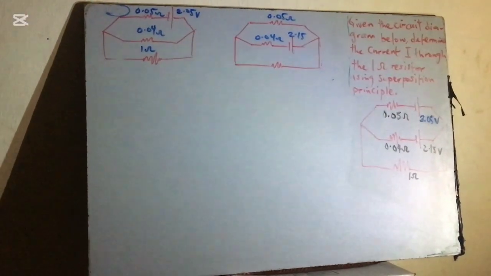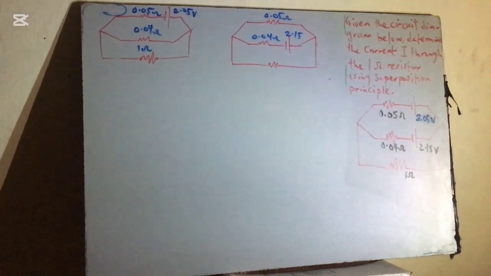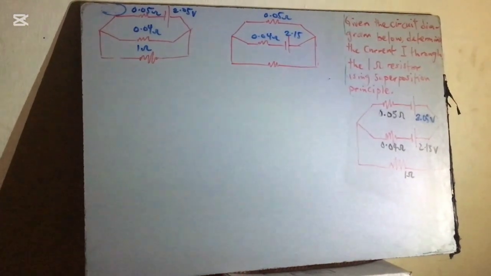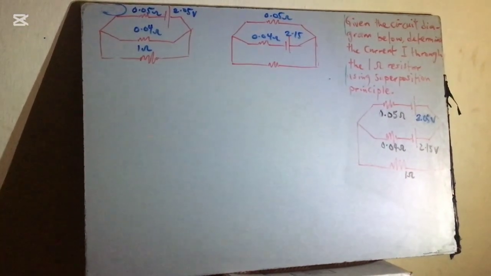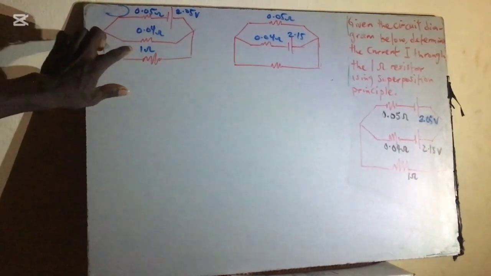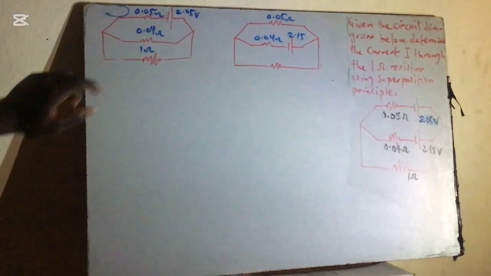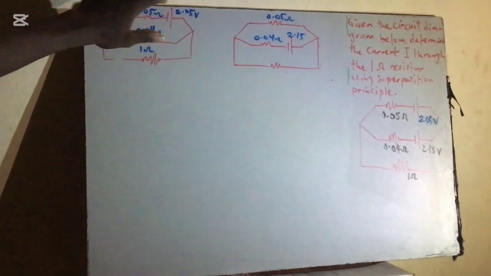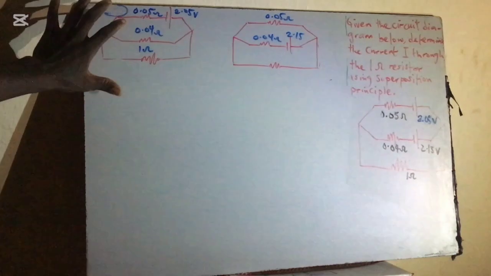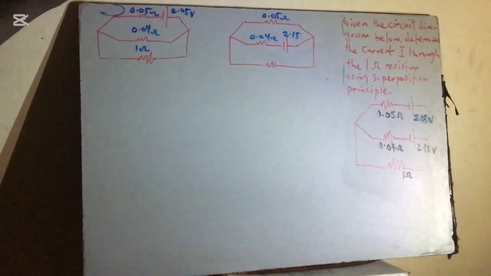So let's move on. First thing to do is to calculate the equivalent resistance. When you are calculating the equivalent resistance, you mind the ones in parallel and the ones in series. So this 1 ohm is in parallel with this and is in series with this. Why? This 0.05 ohm is holding the voltage. So this and this are taken in relation, then in series with the one holding the voltage.